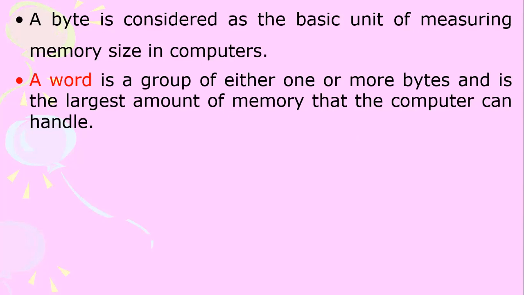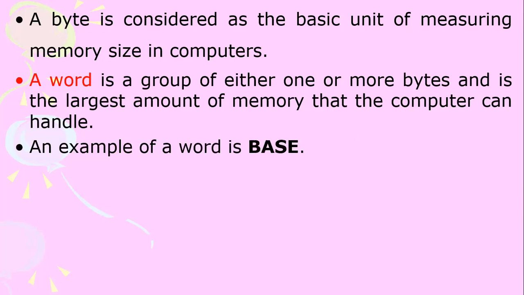My dear students and the rest of the learners, it is important to note that you can refer to a byte as a character, while a group of characters can form a word. So an example of a word is base.